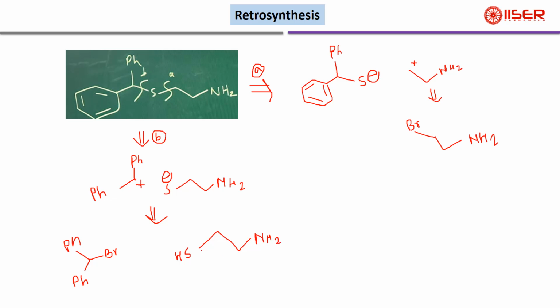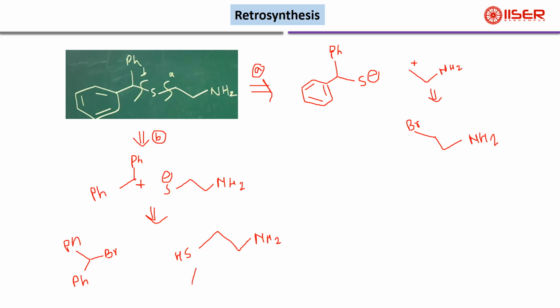So what is the case? In this case, there is a probability of a side reaction where amine can attack itself and eliminate the bromine. So there is a probability of two types of product, where sulfur will attack and one where nitrogen will attack.